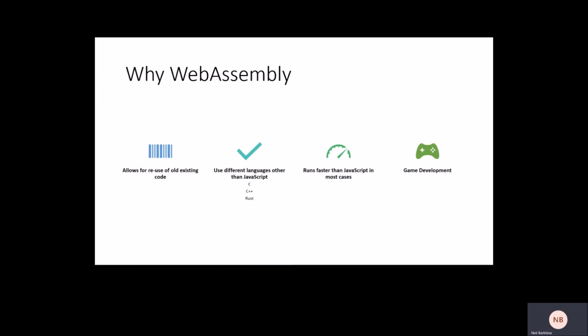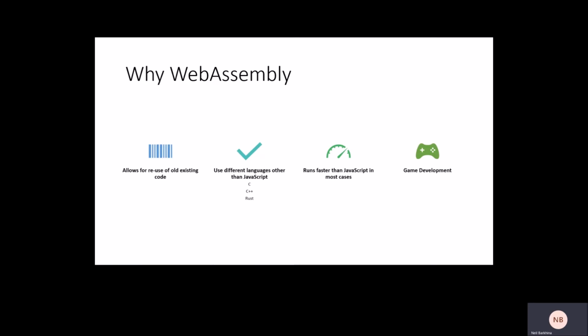Modern browsers, HTML and JavaScript have been around for quite a while, but C++ has been around probably longer than I've been alive. I'm going to go out on a limb and say it's probably at least 30, 40 years. So there is a huge amount of existing code out there on GitHub, almost anything you could think of.